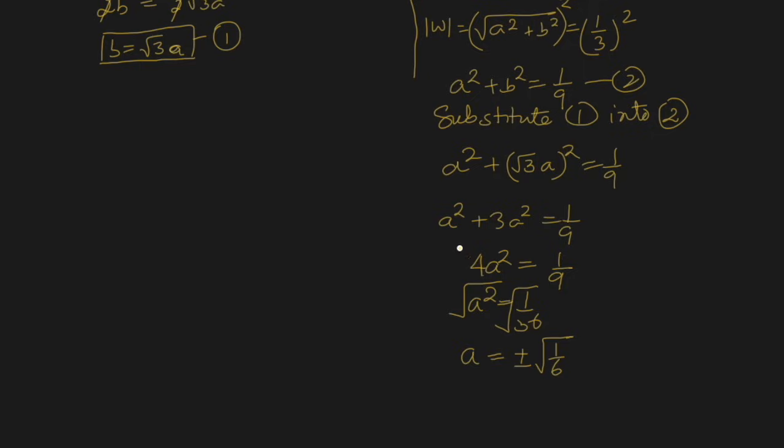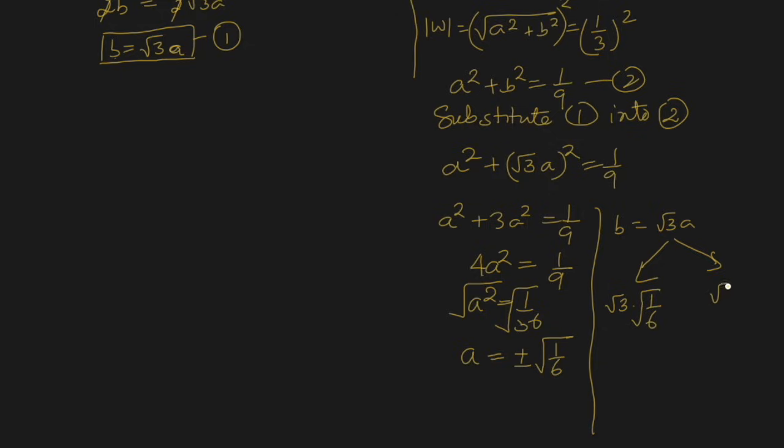This is a. So what is b? b is square root 3 times a, right? b is square root 3 times a. And there will be two answers for this. Why? Because we have two a's, plus 1 over 6 and minus. So first one, plus square root 3 times 1 over 6.